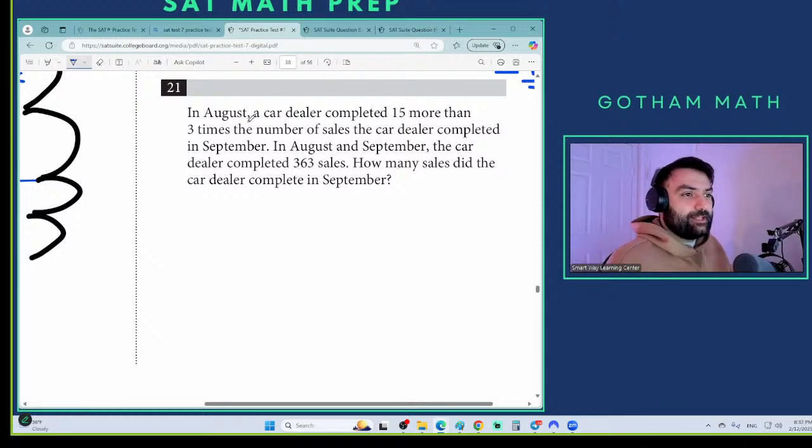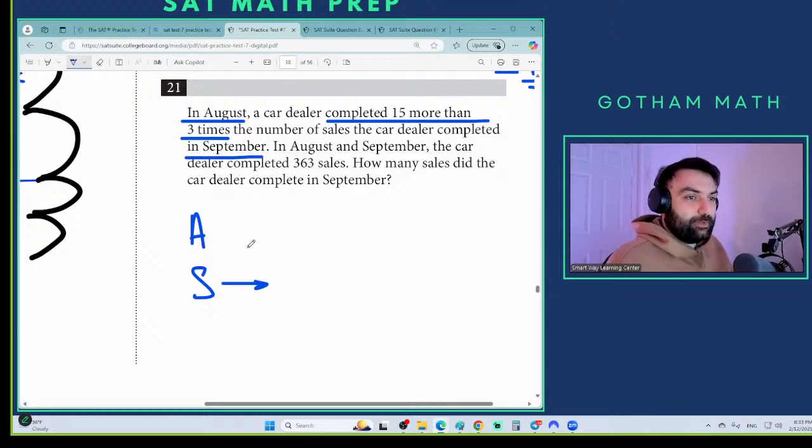Completed 15 more than three times the number of sales completed in September. So we can put August and September, and since we have no information about September, that's what we set up as x.